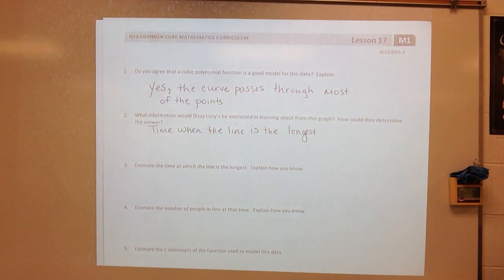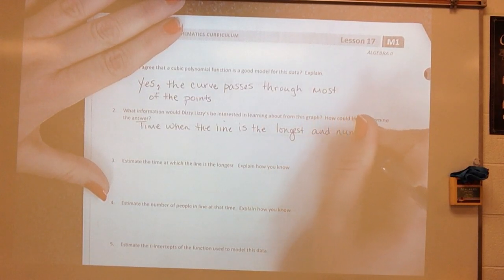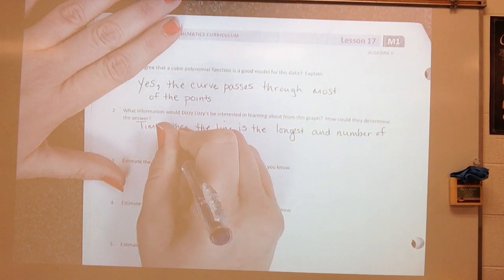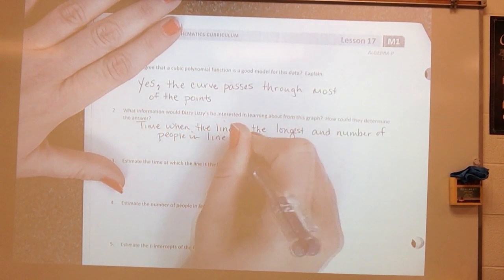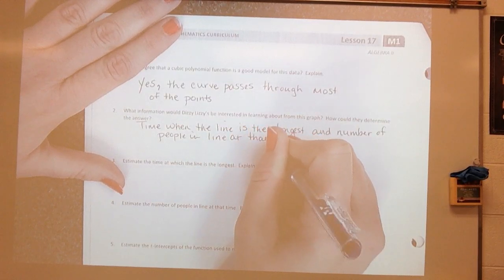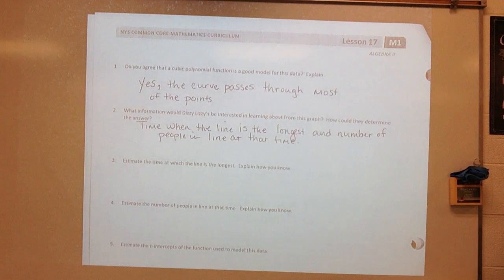Alright, and then how many people are in line at that time? Why is that important? A way they can be more efficient in the way they run things.